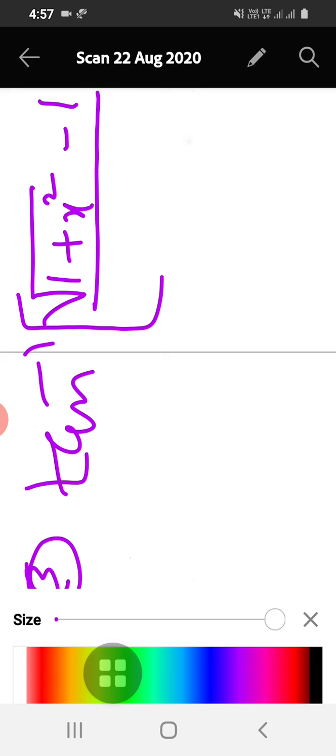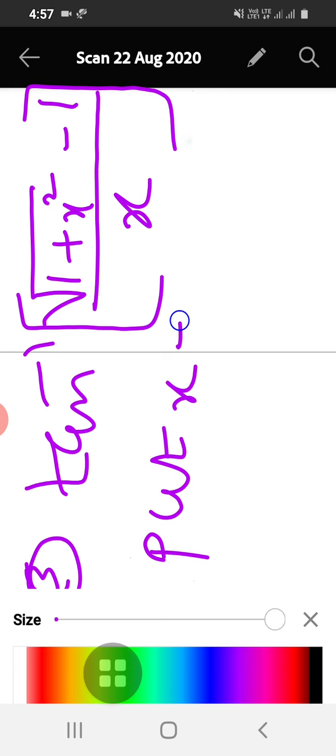So what is the expression given? You have to write step by step: tan inverse of square root of 1 plus x square minus 1, divided by x in the denominator. This is the given expression, and we have to write it in simplified form. This is very important.